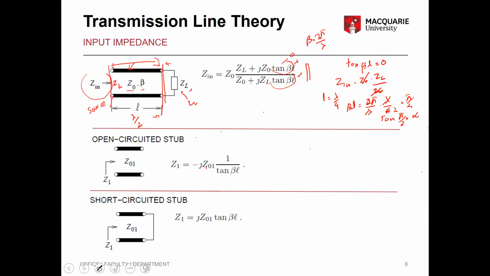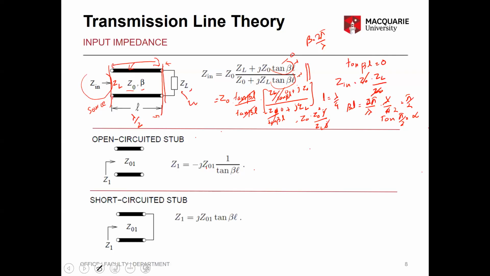To solve this, you have to take the tan beta L product outside: divide top and bottom by tan beta L. You're left with Z load divided by tan beta L, and j Z0. Those terms go to 0 and cancel out, so you're left with Z0 times Z0 times j divided by Z load times j.